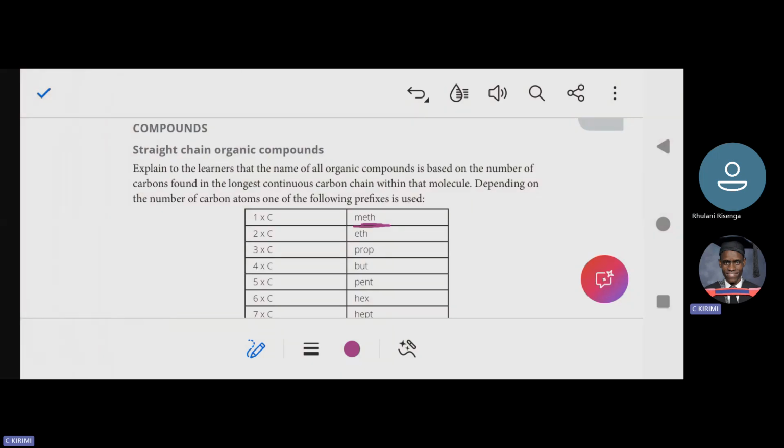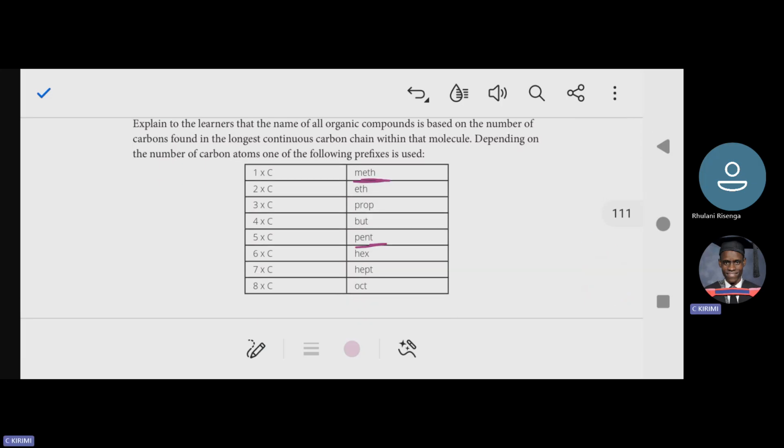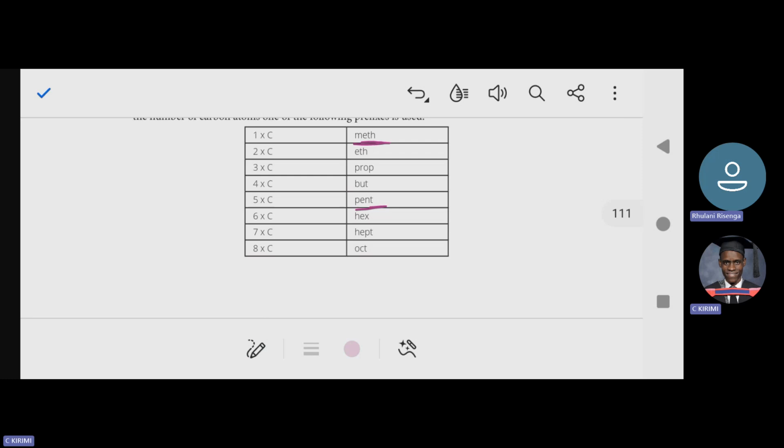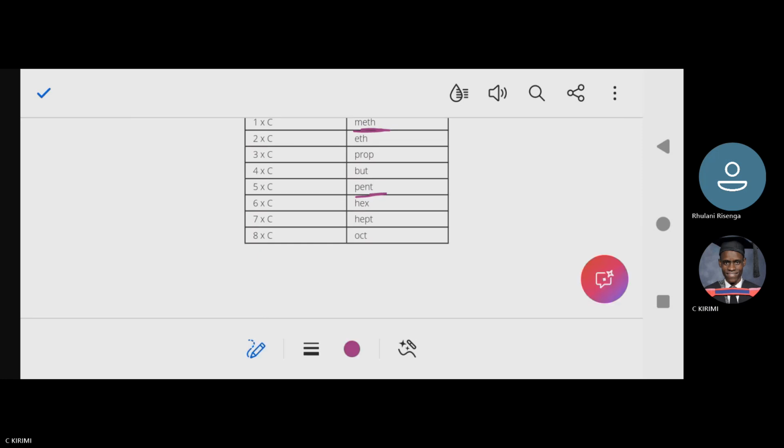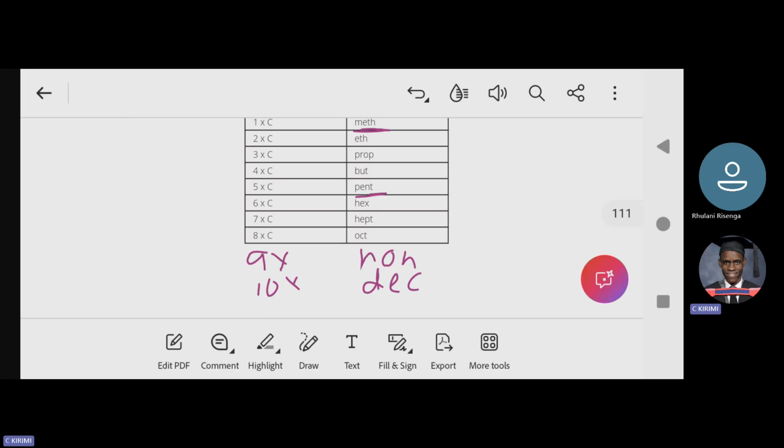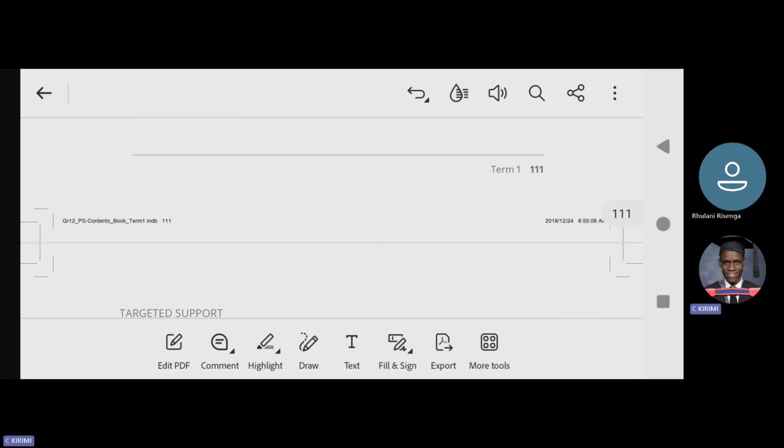Then 5, pent. 6, it's hex. 7, it's hept. 8, it's oct. What about 9? Non. What about 10? Dec, yes, which is correct. But normally we don't go much beyond that. Normally the side chains up to 8 are fine for the level of matric.